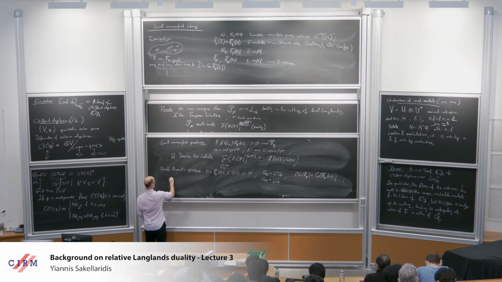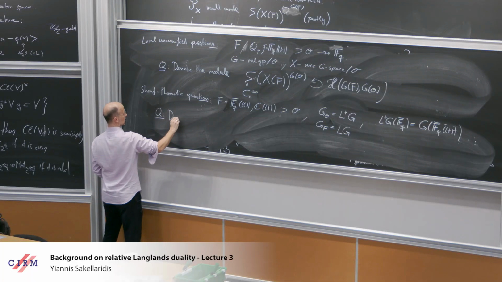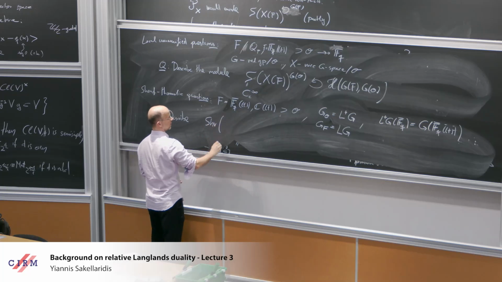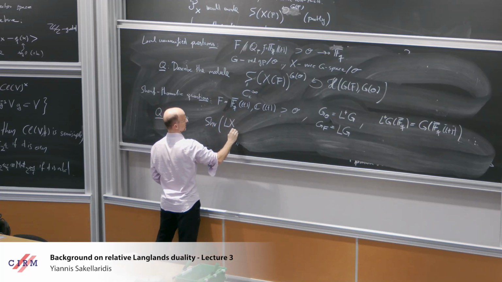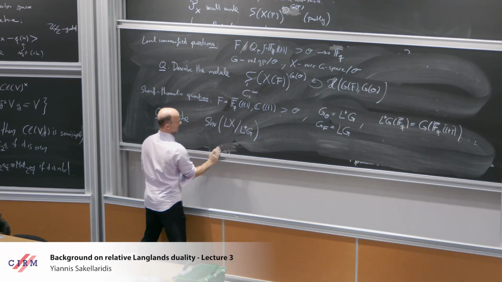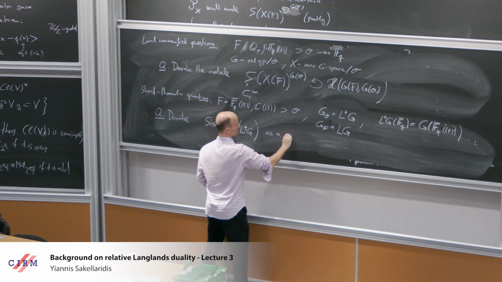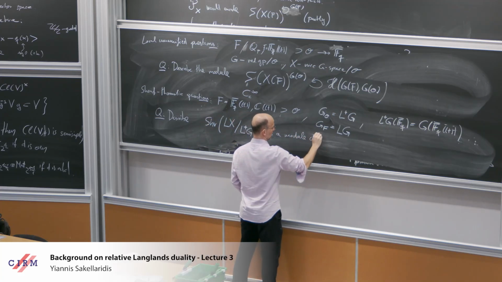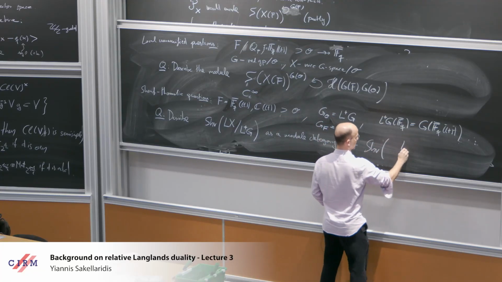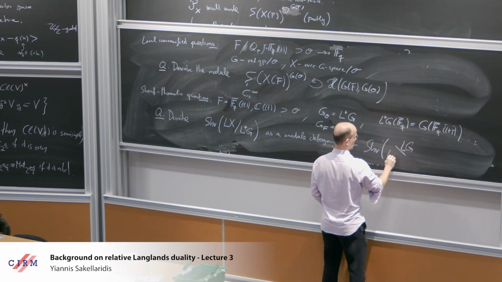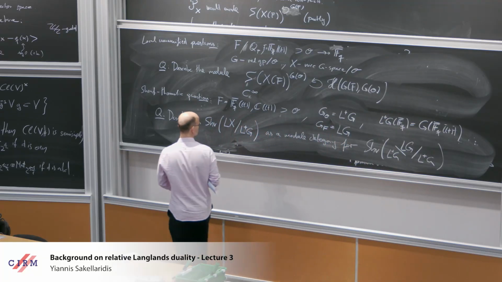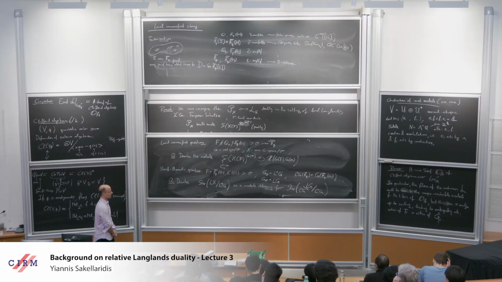So the question is to describe the category of sheaves on LG mod L+G as a module category for sheaves on LG mod L+G.